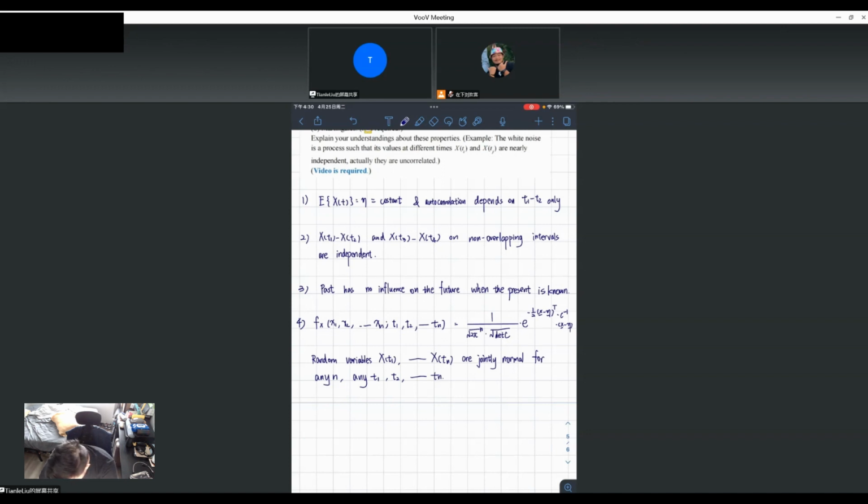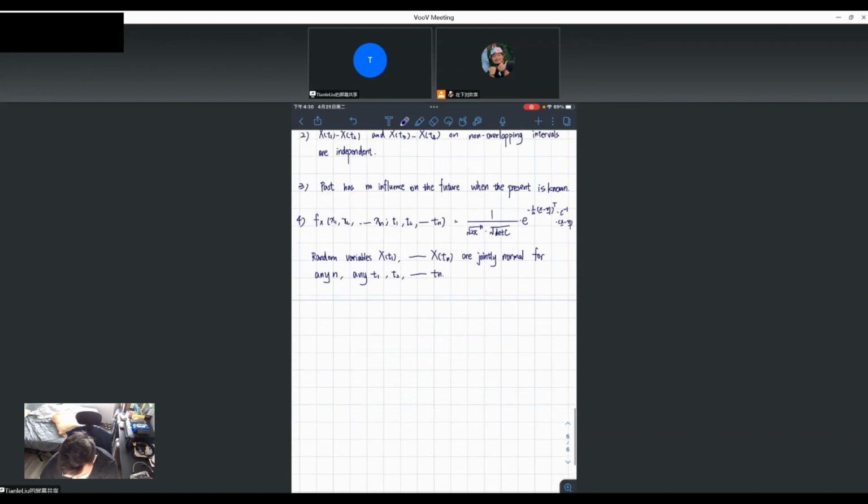This represents the overall definition for the normal process, or the equation above.